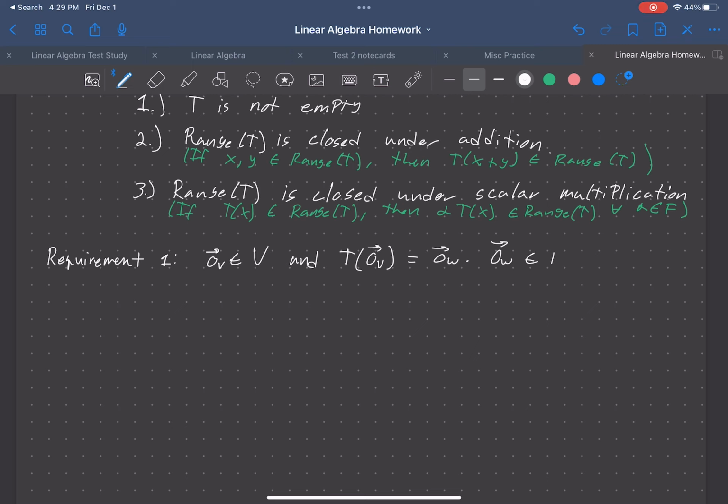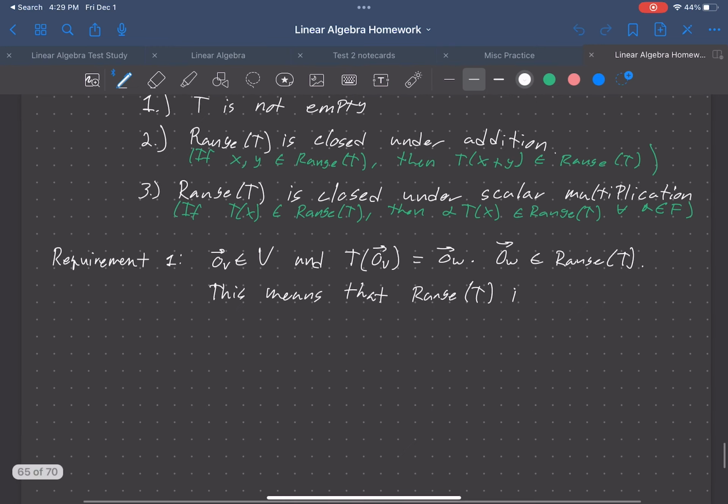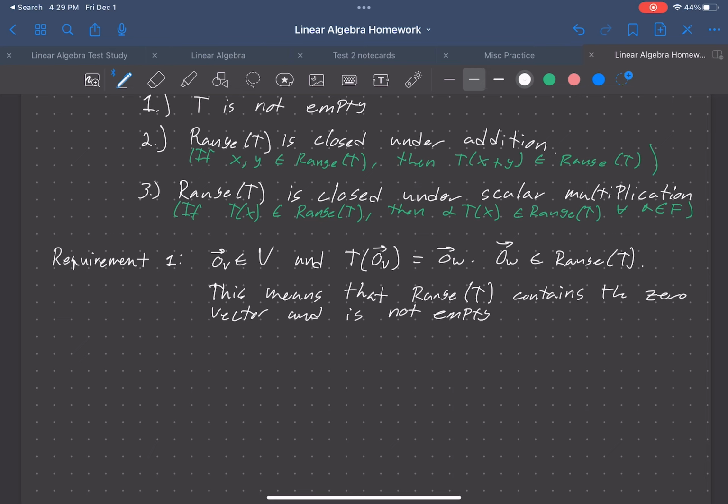So that means that the zero vector is in the range of T. And this means that the range of T contains the zero vector and is not empty. So property 1 holds.